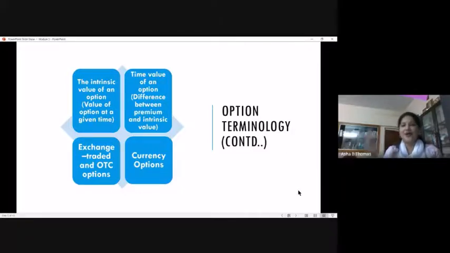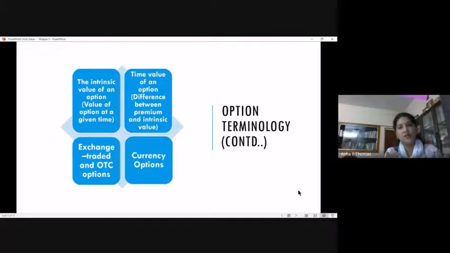Now the last one is currency option. In a currency option, the underlying asset would be currency. In India, we have four primary currencies, which we have already discussed in our class. We get them either paired or single, like INR to US dollar, or INR to yen, pound or euro.